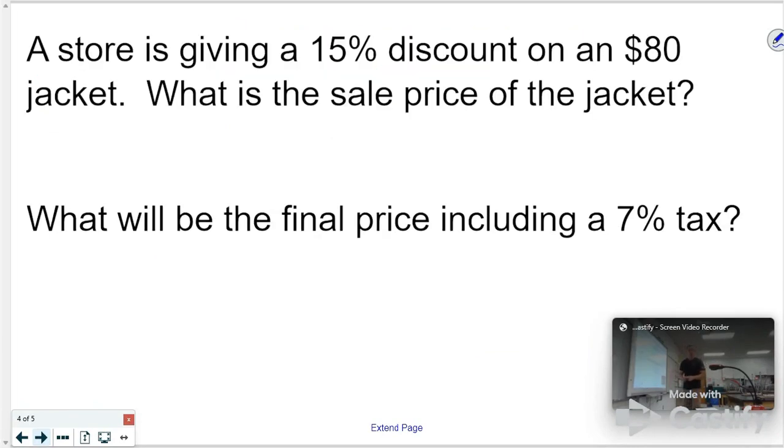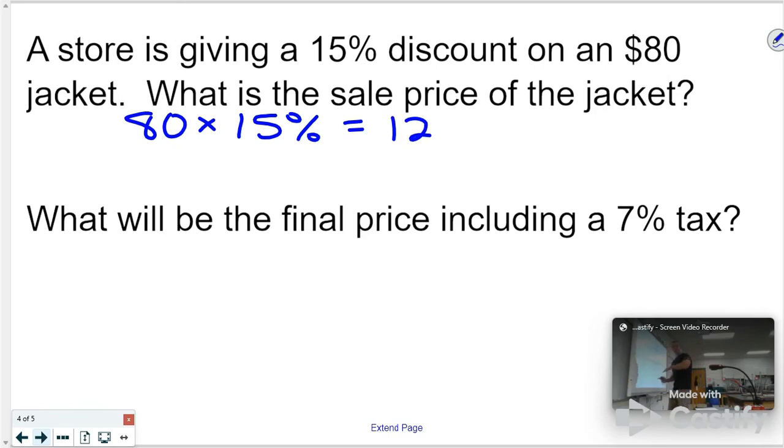Now this one is a store that's giving a 15% discount on an $80 jacket, and they want to know the sale price of the jacket. So we could do what we did before and find how much the discount's going to be by doing $80 times 15%, and I know 10% of $80 would be $8, and another 5% would be another $4, so that's going to be a $12 discount.